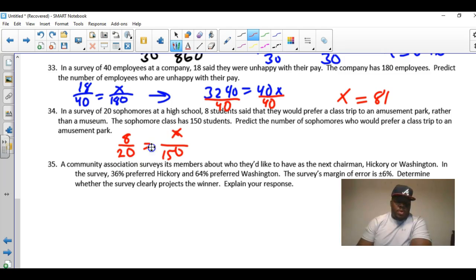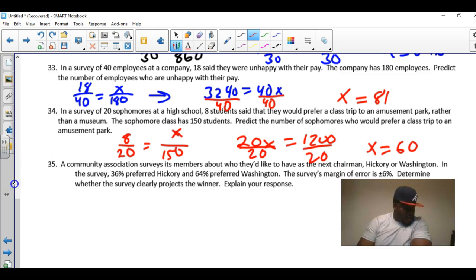Cross multiply: 20 times x is 20x, and 8 times 150 is 1,200. Dividing by 20 on both sides, x equals 60.